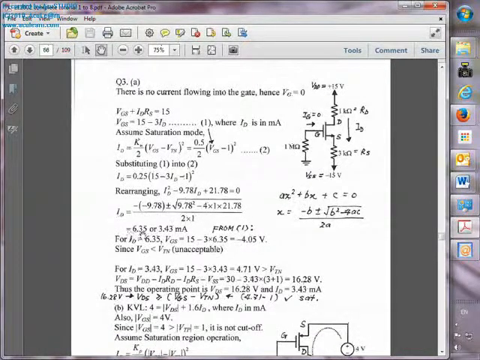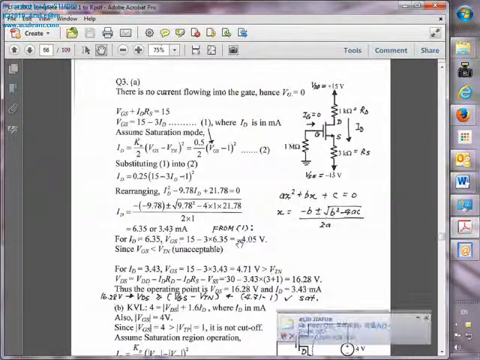ID is equal to 6.35 milliamp if you use positive here, and ID is 3.43 milliamp if you use negative here. Substituting the value of ID equal to 6.35 into equation 1, we can obtain VGS to be equal to minus 4.05.